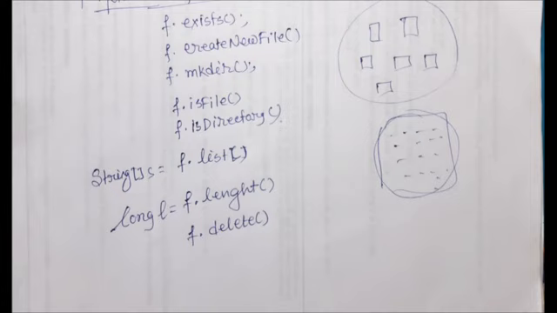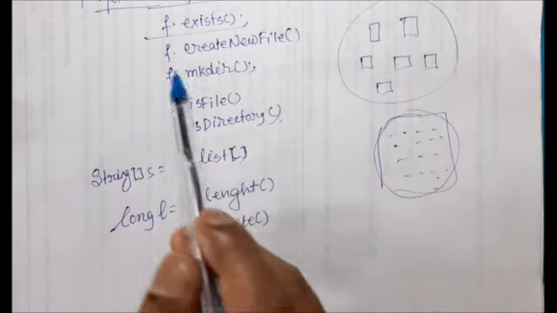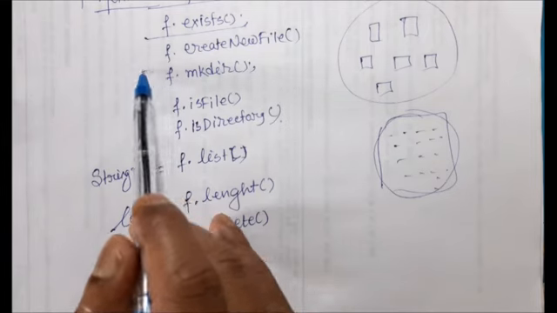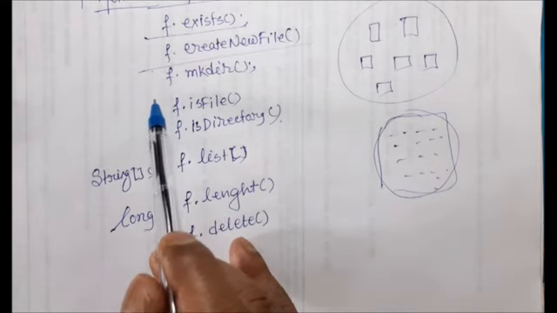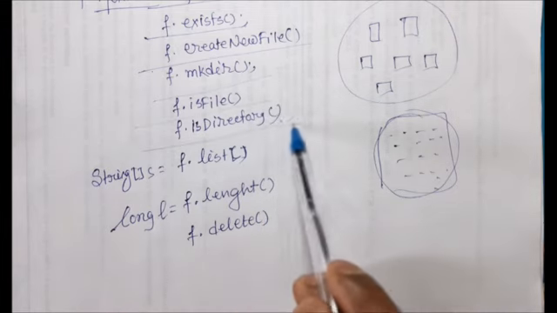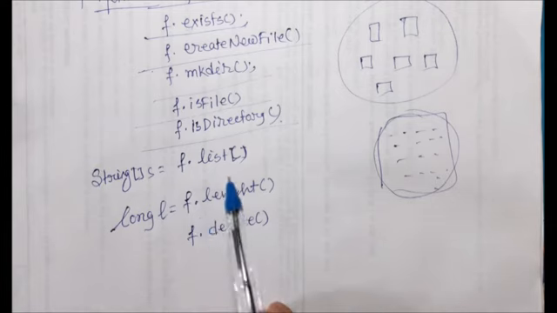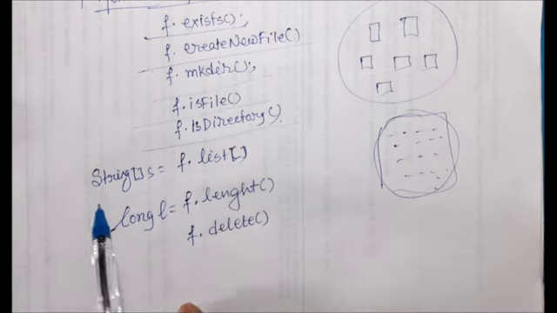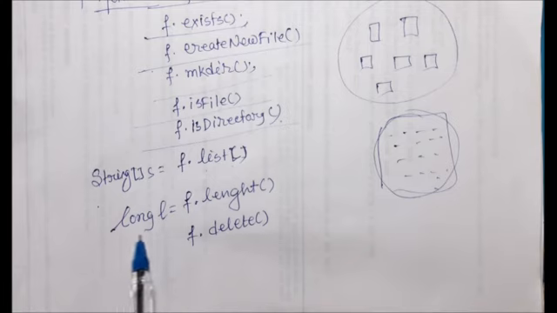Okay. So these are the important methods to get file related information. For example, the return type of exists is boolean, and createNewFile is also a boolean, and mkdir is also a boolean return type, isFile is a boolean, isDirectory is a boolean, and only list returns a string array, okay, and the length function is long, okay.